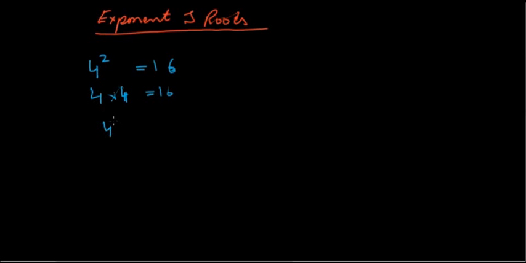Now this is GRE terminology again that you need to know. So for this 4 squared, this 2 is known as an exponent, also known as power. Okay, and 4 is called the base.